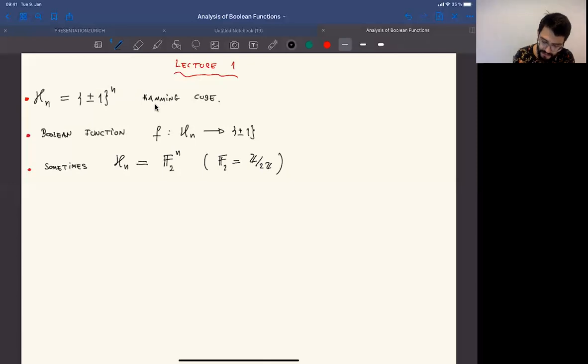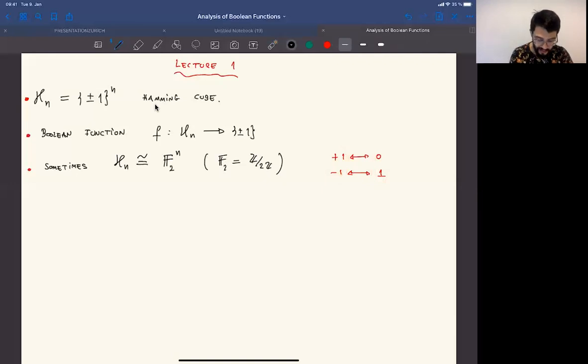This is often nice because the identification here is the following: plus 1 gets identified with 0, and minus 1 gets identified with 1. And the reason for that is that the additive structure gets mapped into the multiplicative structure here. So that's how you go from one to the other.